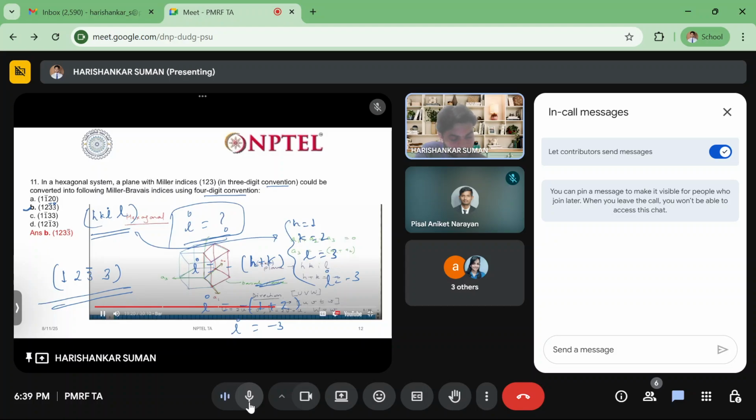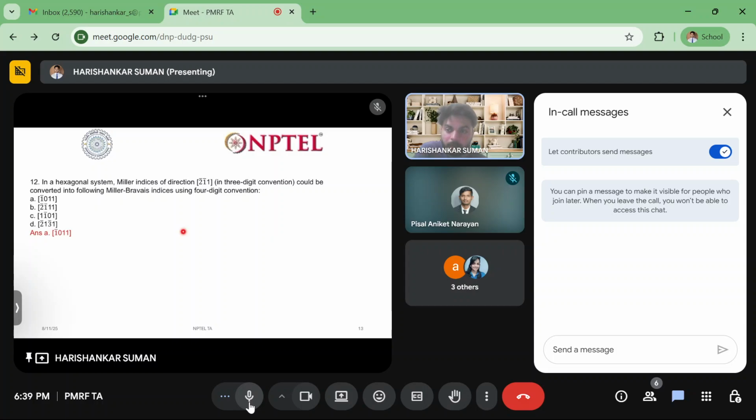Next question, the answer is already given, but try to solve this. In a hexagonal system, the Miller indices of the direction -2, -1, 1 in 3-digit convention would be converted into the following Miller indices using 4-digit convention. Now please tell me whether this is correct or not.